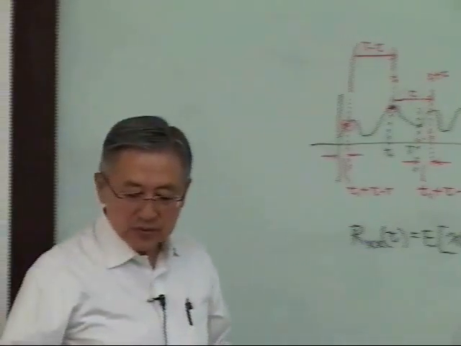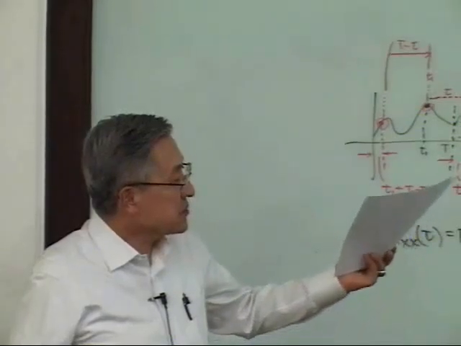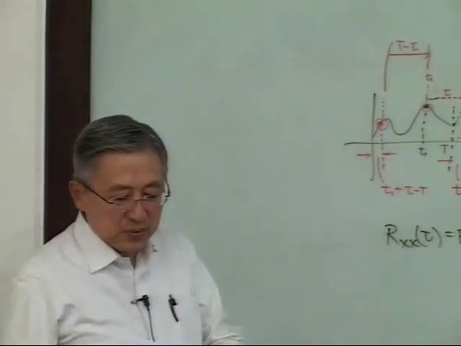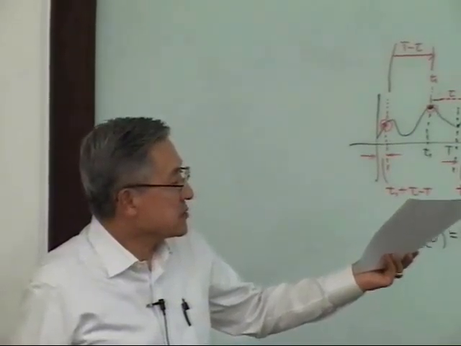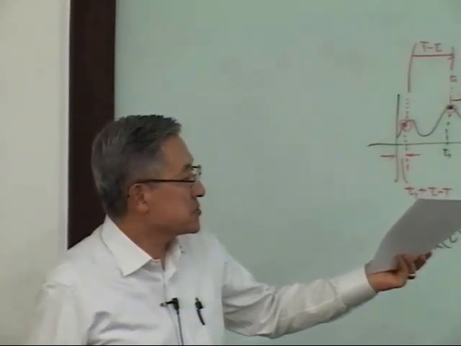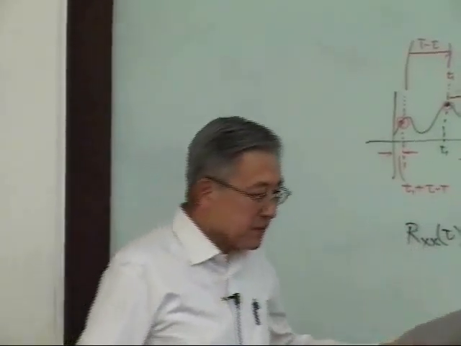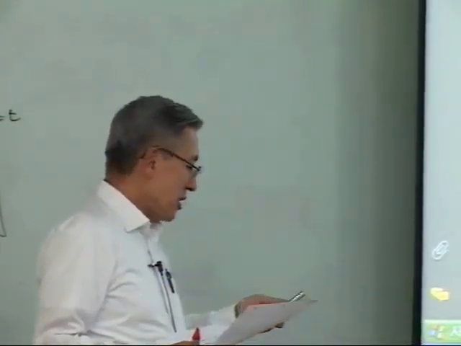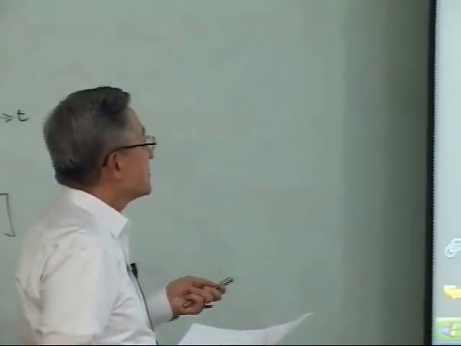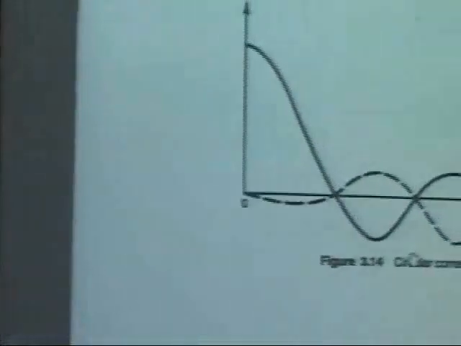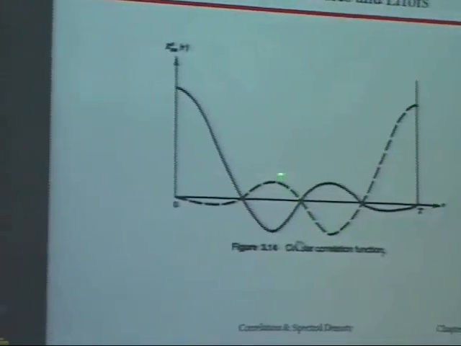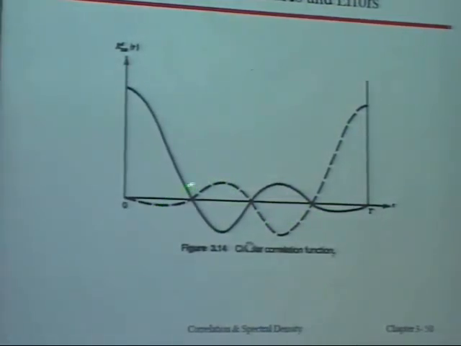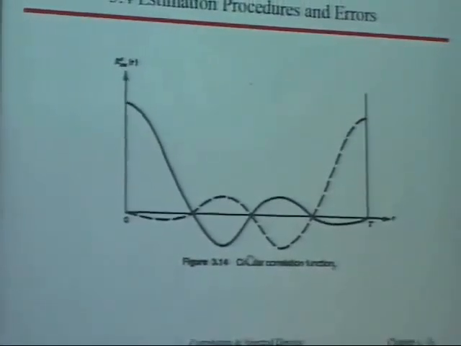So instead of this, you end up computing that kind of two-term equation, which generates this type of shape for the autocorrelation function, which is not true. It has a reflection part in it. This is really forward, and this is like backward. So that is wrong.